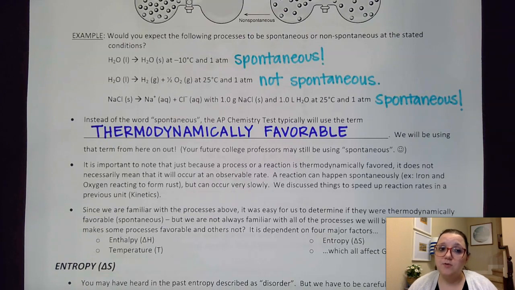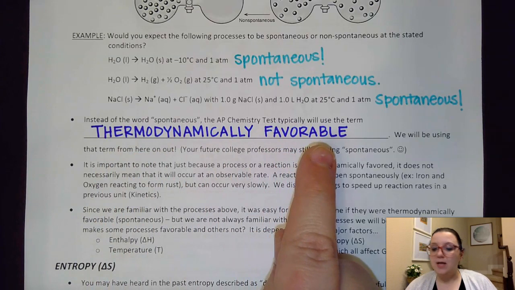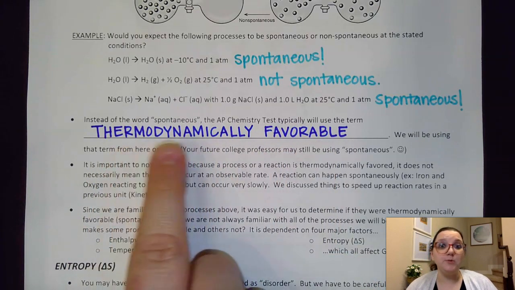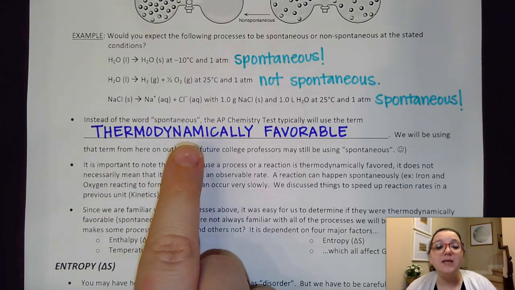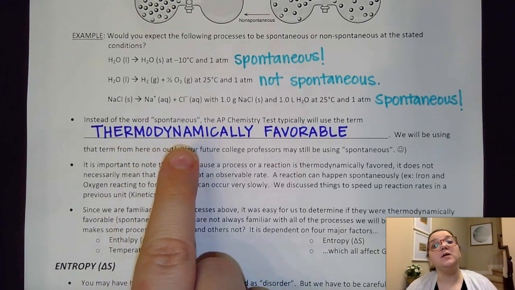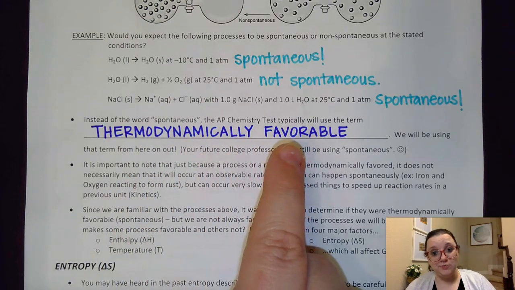Now, before we get any further, I do want to clarify a term. For College Board, for AP Chemistry, instead of using the word spontaneous, they typically use the term thermodynamically favorable, because we're going to be looking at some thermodynamic conditions for enthalpy, entropy, temperature, and we're going to determine if it's favorable to occur in a particular direction.